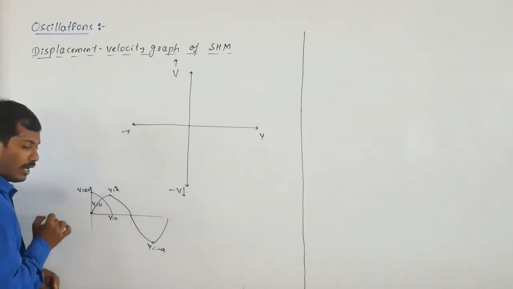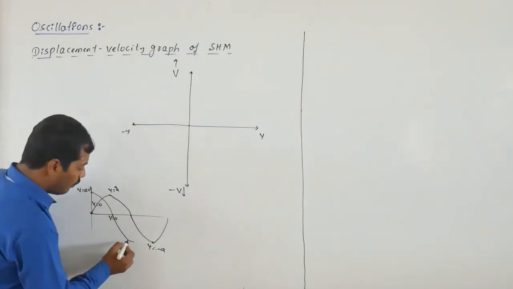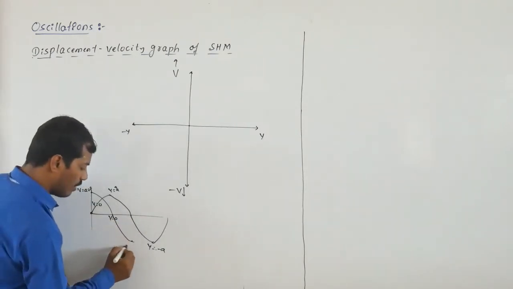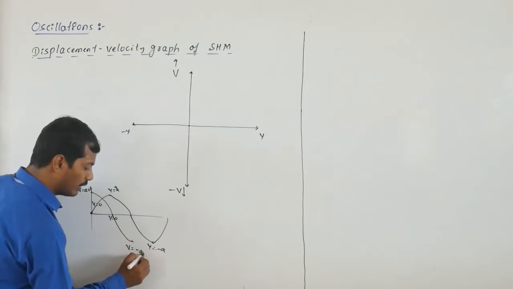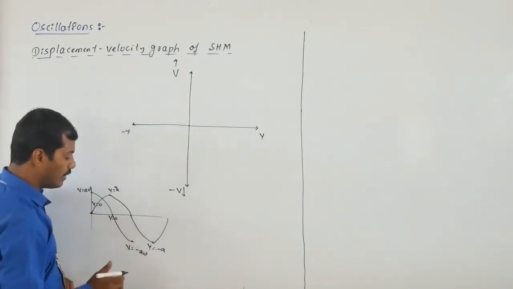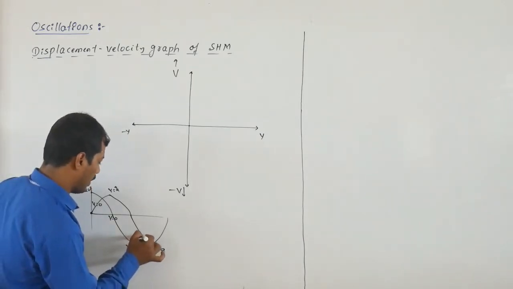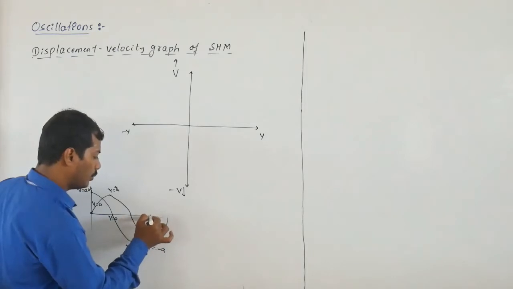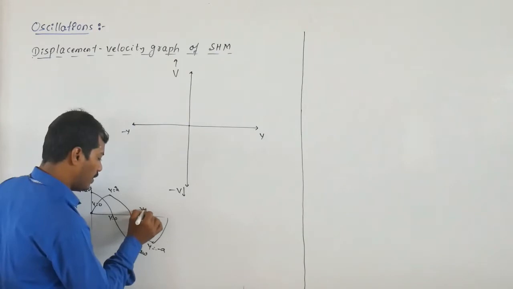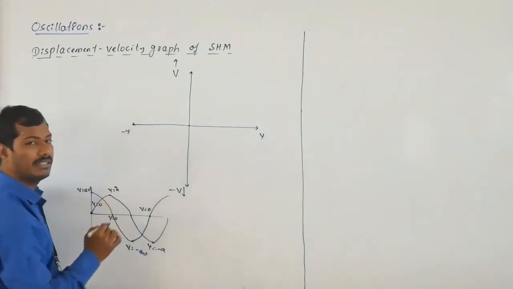And again, when it is moving in the negative direction, at the mean position the velocity is maximum in the negative direction, minus a omega. Then again at the extreme position, v is equal to 0. Then again it is maximum.